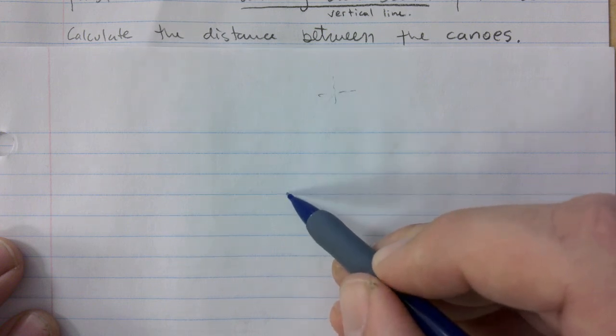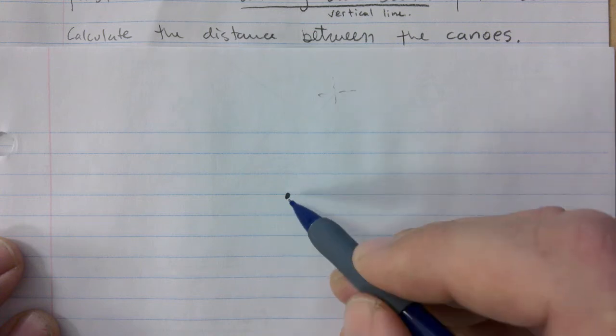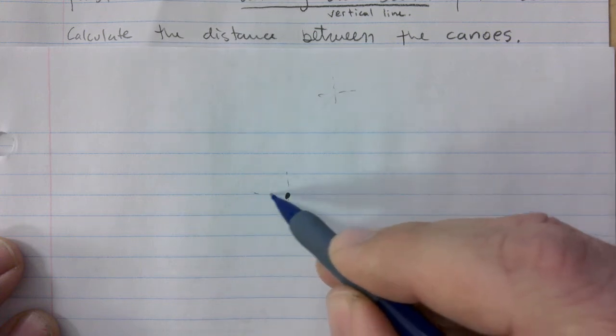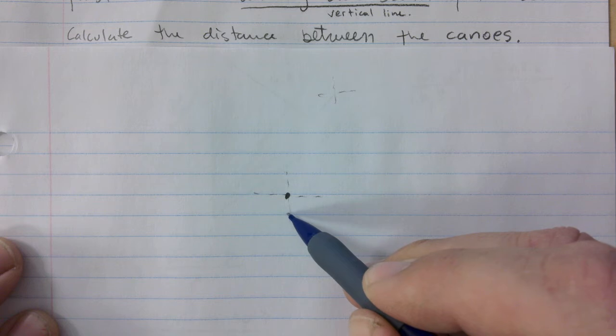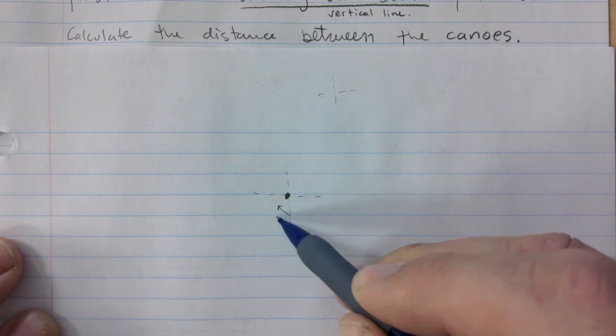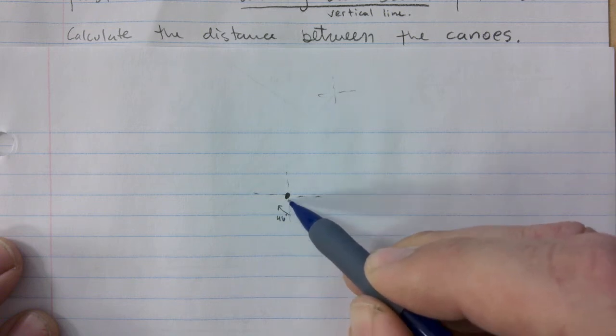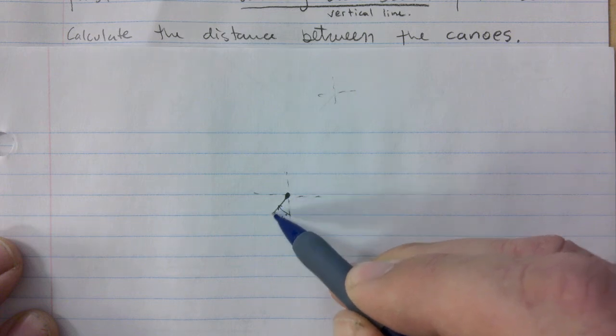We consider this our dock, right? And from there, you're traveling south 46 west. So south 46 west, that's about there, right? And then you draw your line.